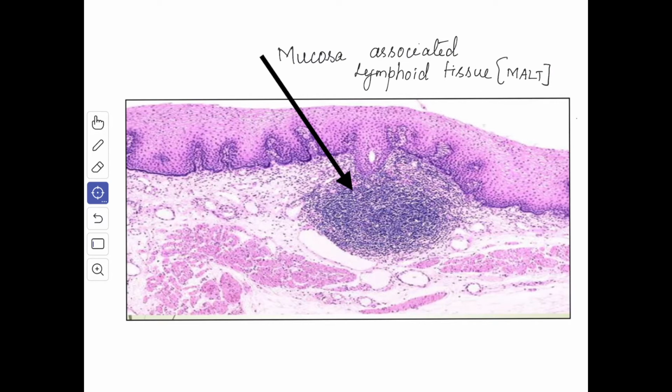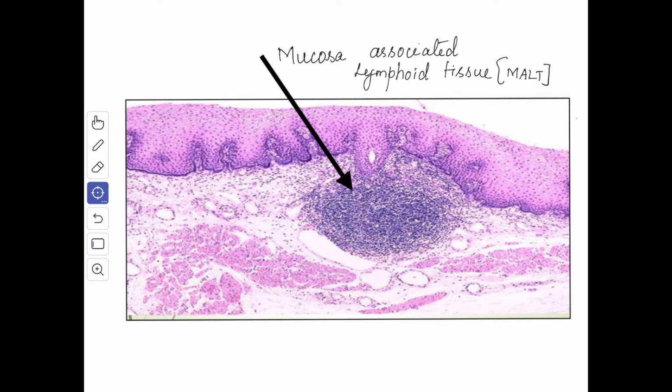The mucosa associated lymphoid tissue in the respiratory system consists of aggregations which are relatively small and present in the walls of the trachea and large bronchi. So the term bronchial associated lymphoid tissue is applied to these aggregations.